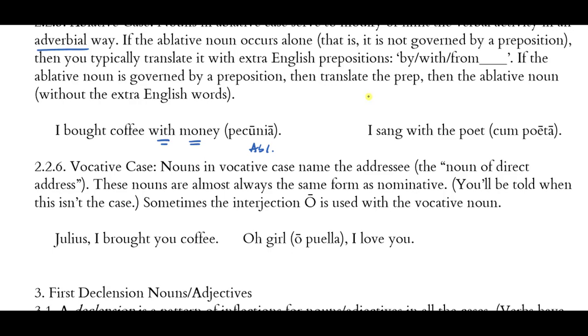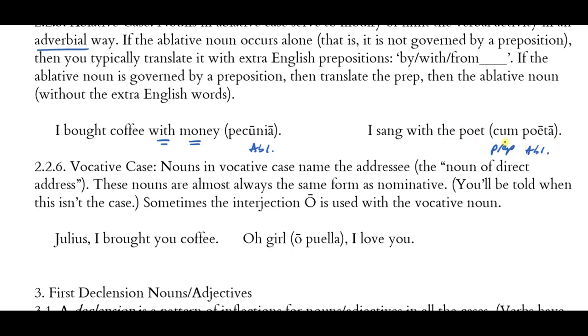But in the second example, I sang with the poet. Here I have the preposition cum. Let me spell that properly. So there's the preposition, and this preposition takes its object of the preposition in the ablative case.